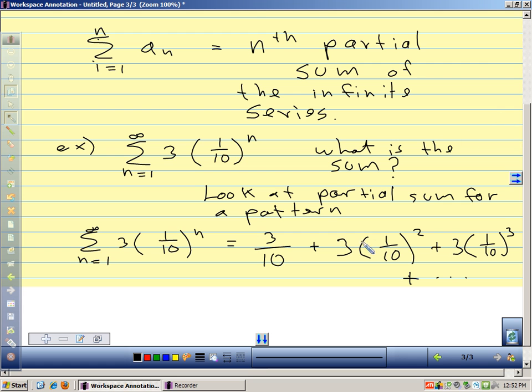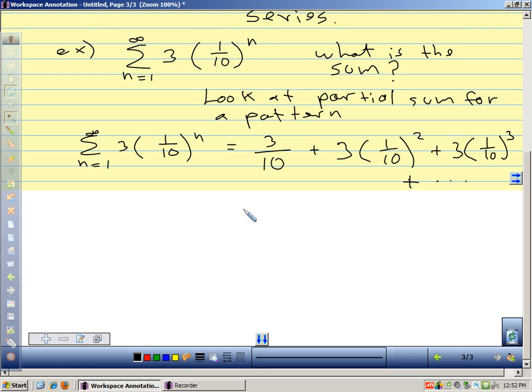Well, let's rewrite these and see if we can figure out a pattern. This is the same as 3/10 plus, what is 1/10 squared? 1/100th times 3 is 3 over 100. 1/10 to the third is 1 over 1,000 times 3 is 3 over 1,000.